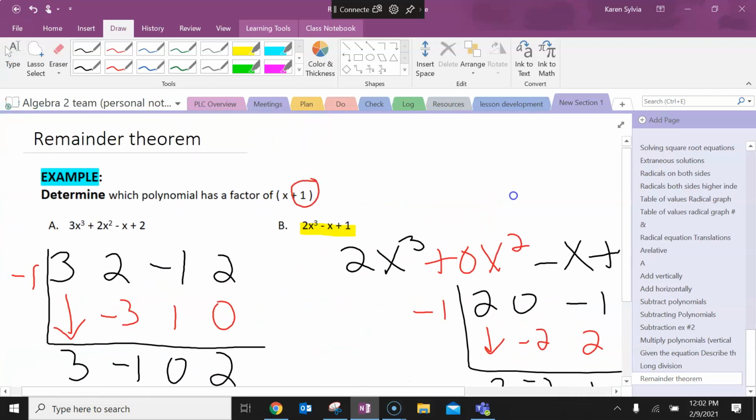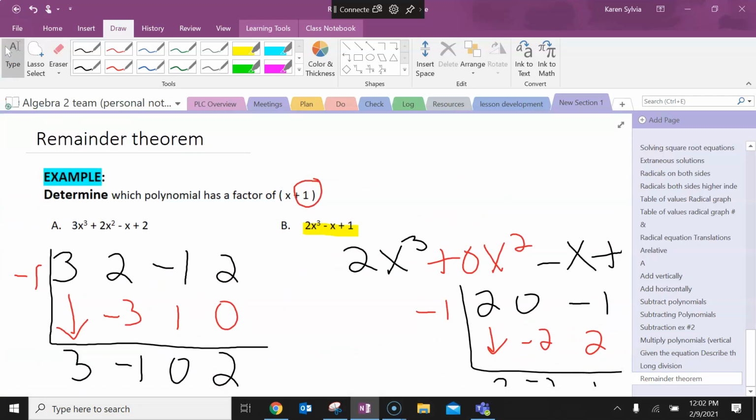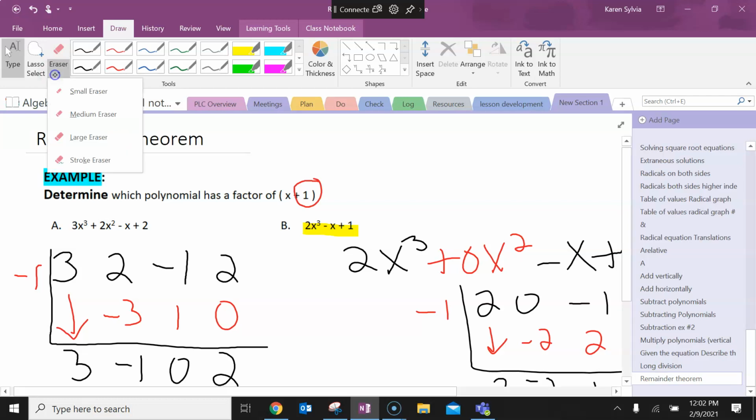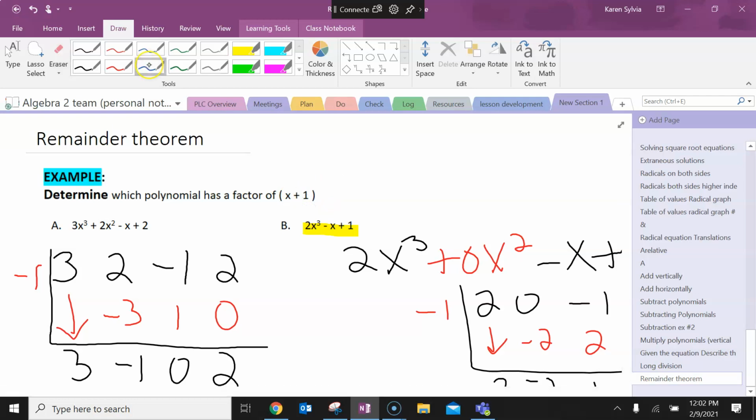Okay, so the original question is asking whether or not a given binomial is a factor of a larger polynomial. So my answer to that question is B.